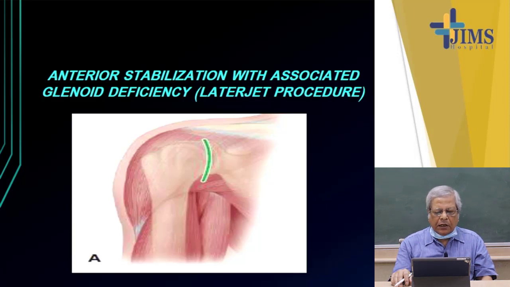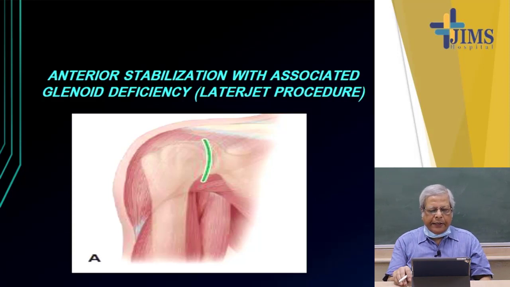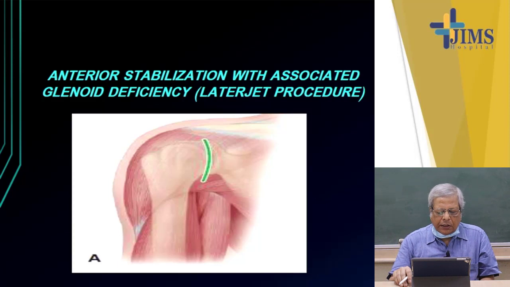That is, after several episodes of dislocations, the antero-inferior part of the glenoid becomes very shallow. What is being done? This coracoid process is osteotomized here. Then the coracoid is brought down and placed on the glenoid edge and fixed with 2 screws.